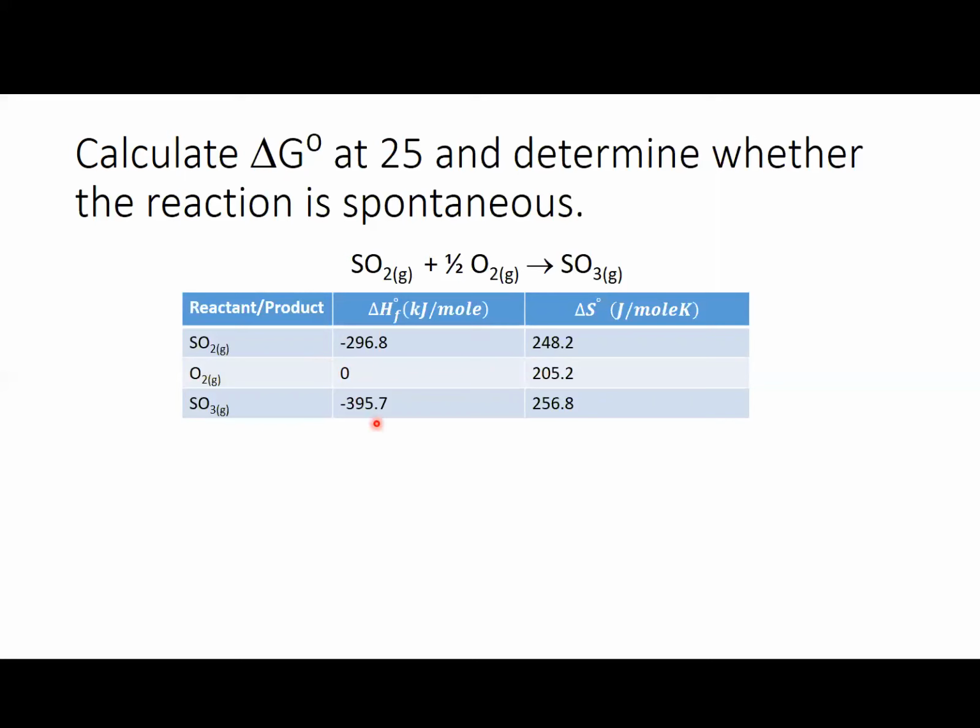Okay, so I can use this information to figure out the delta H of reaction and the delta S of reaction. For the delta H of reaction, it's this negative 397 minus the sum of these two things here.